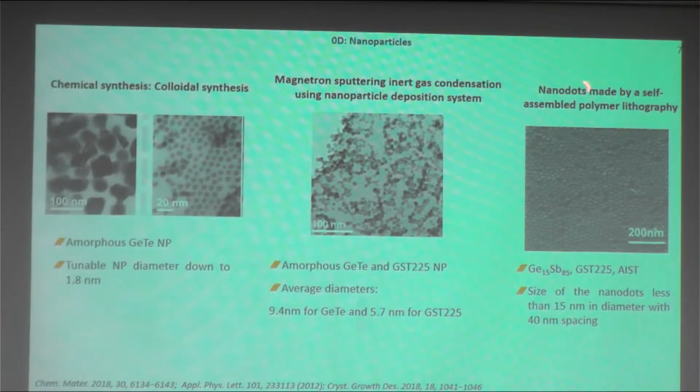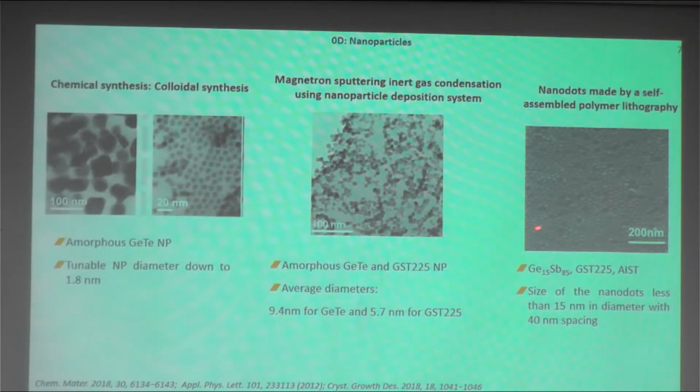Here you can also use polymer lithography using special polymer balls, and you can deposit and produce nanodots. Here you can produce nanodots of germanium antimony, GST225 and AST, and the size of such nanodots can be less than 50 nanometers in diameter, and the spacing between them can be about 50 nanometers.